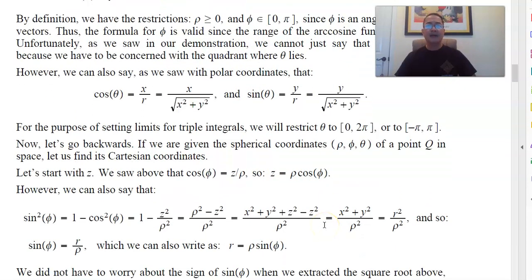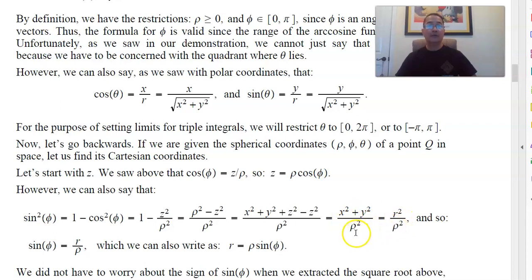Now let's do some fancy trigonometry. Because we have cosine phi, we also have sine of phi. So sine squared phi is 1 minus cosine squared phi. If you do that, with a common denominator of rho squared, the z squared cancels and you have x squared plus y squared over rho squared.